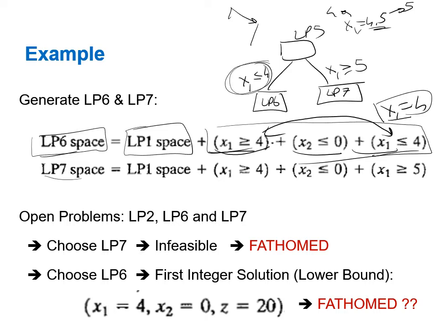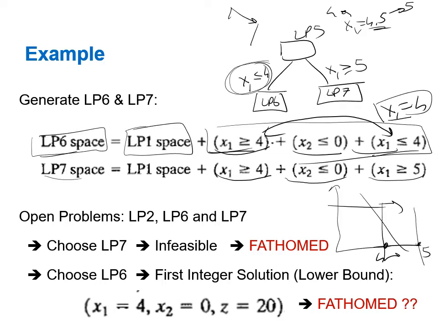And on LP7, what do we have? x1 greater than or equal to 4, x2 less than or equal to 0, x1 greater than or equal to 5. And remember, in our feasible region, we had this right hand side over here. So this was the value of 4 and 5 was here.